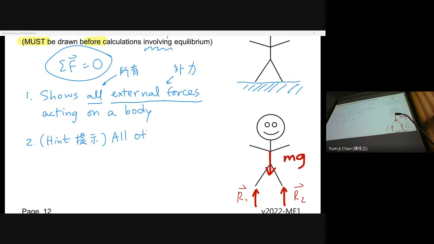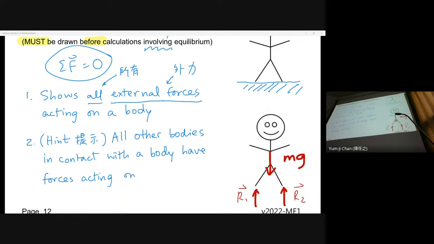All other bodies in contact with a body have, oh, sorry, just write it down. Acting on the body.